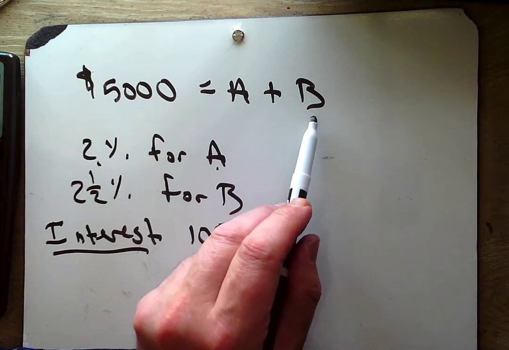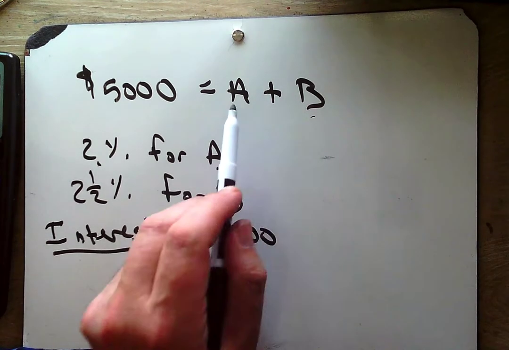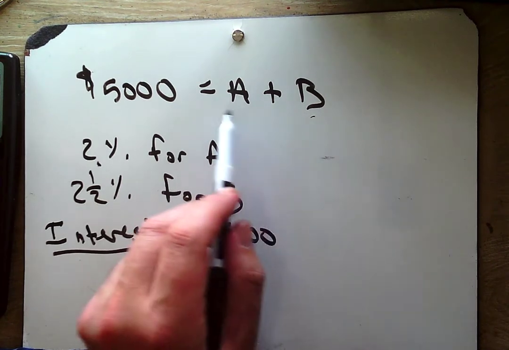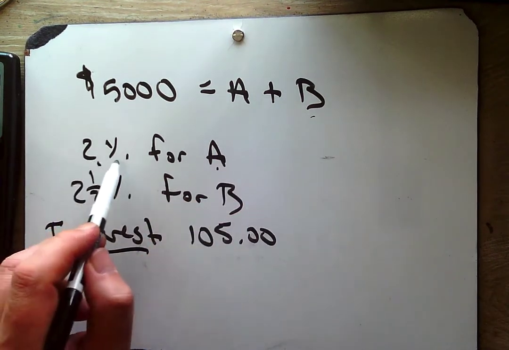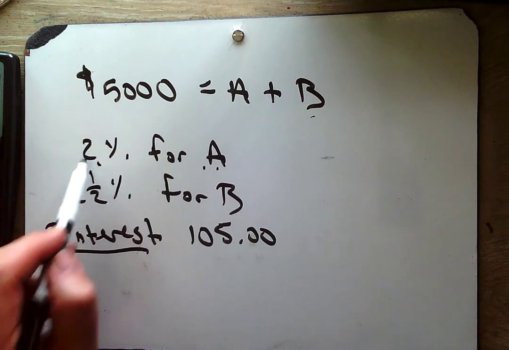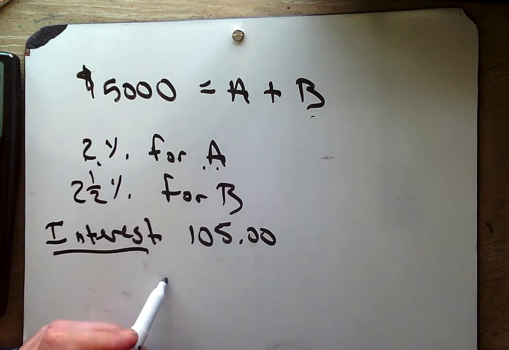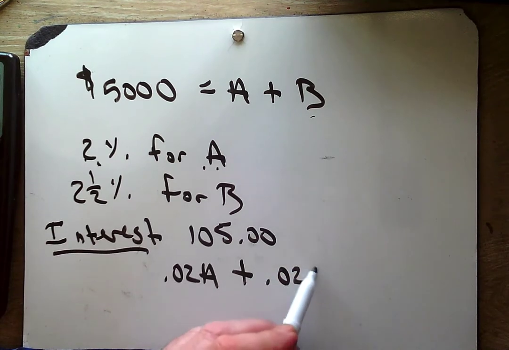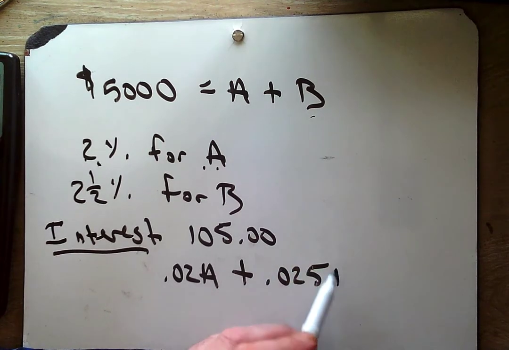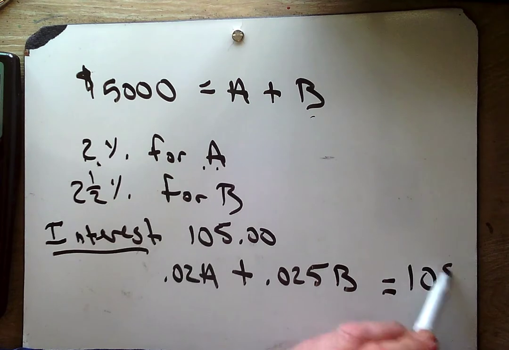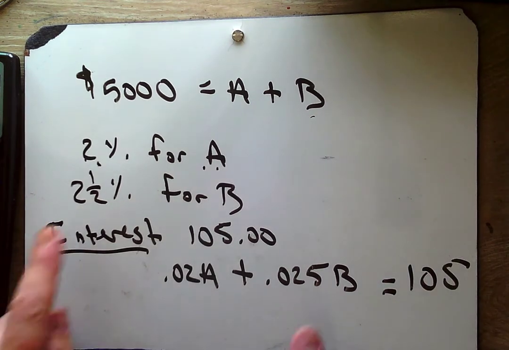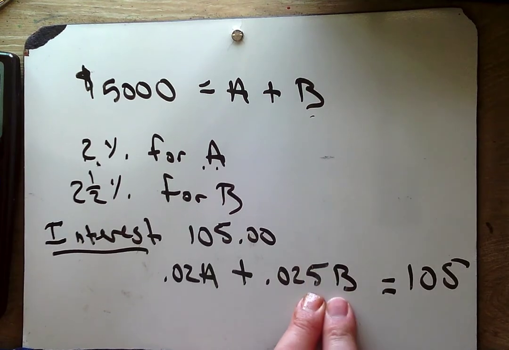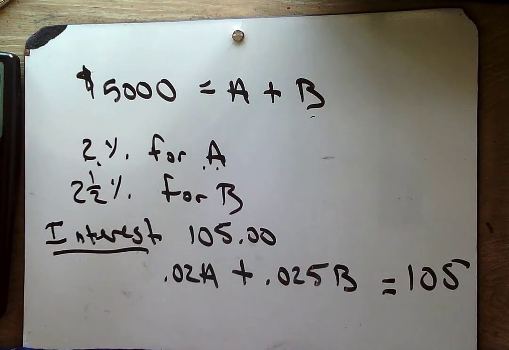This is the amount of money that we want to then multiply by the interest rate. So I'm going to say 0.02A plus 0.025B equals 105. 2.5%, right? Because that's 2% and then half of one more, going to the third decimal place.